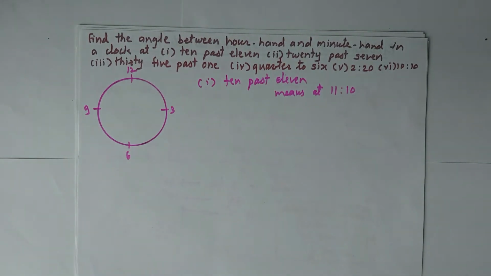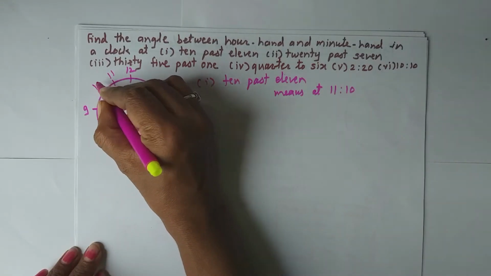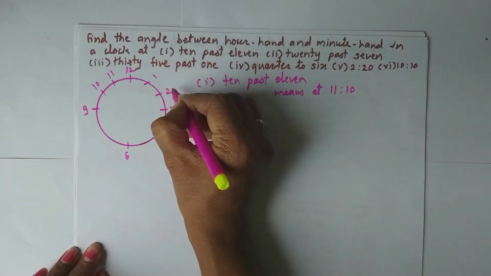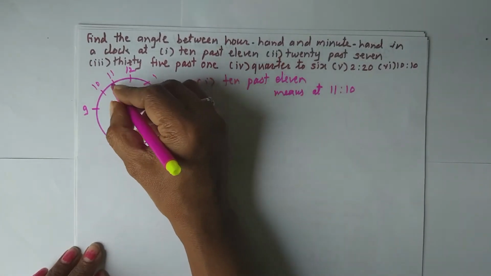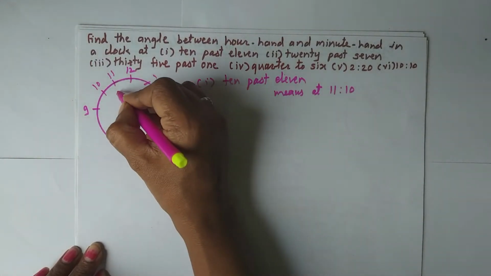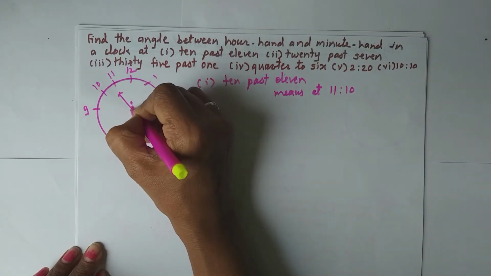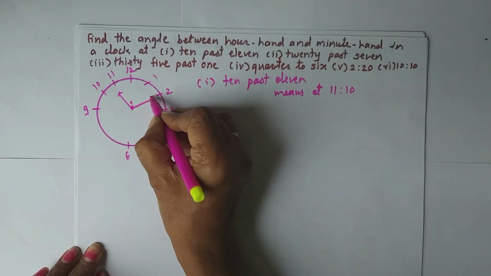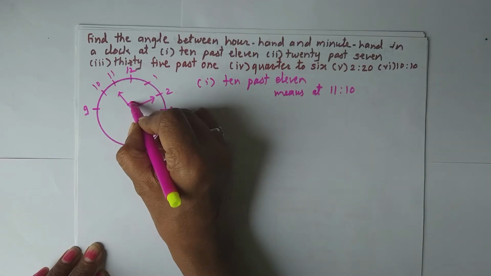Now at 11:10 the hour hand will be at 11. This is 11, this is 10, this is 1, 2. If this is your clock, at 11:10 the hour hand will be at this and the minute hand at this, and we have to find this angle.